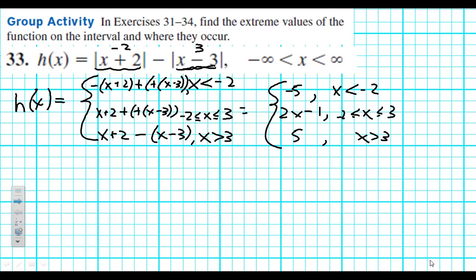So what's the graph of this look like? These are axes. While I'm less than -2, I'm down here at -5. While I am in between -2 and 3, I'm riding along on 2x minus 1, which takes me through these points, here and here, here and here, and it should take me right up to 5.